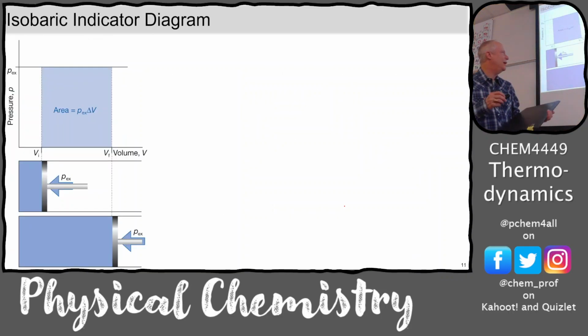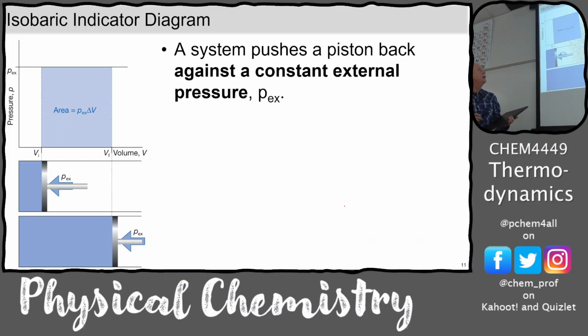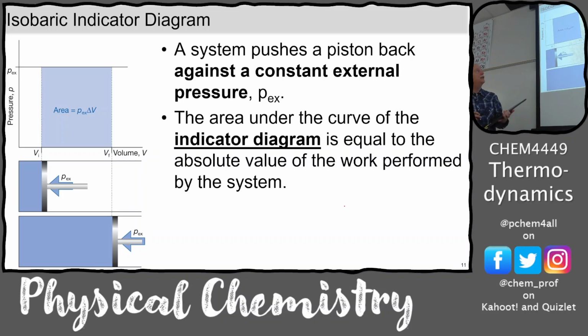Okay, so if we plot the displacement of that piston on a PV diagram, we have pressure here and volume here. This is what's called an indicator diagram. And so that system pushes a piston back against a constant external force. The area under the curve of the indicator diagram is equal to the absolute value of the work performed by the system.